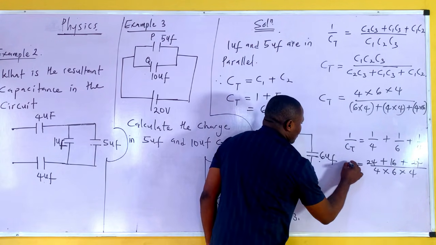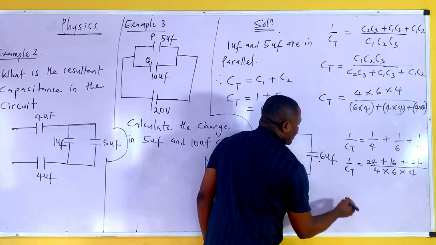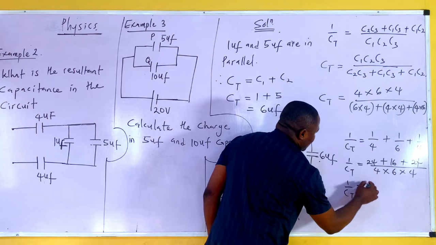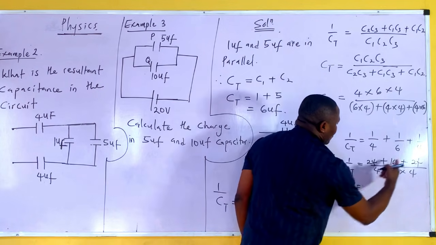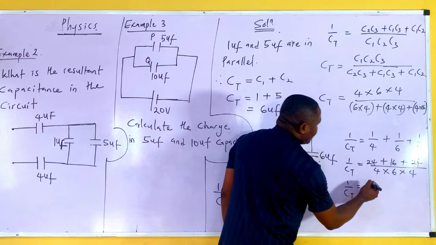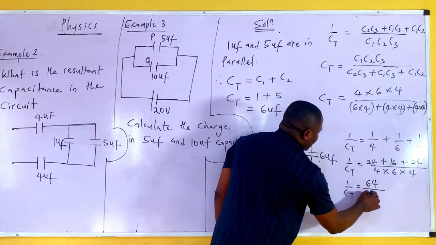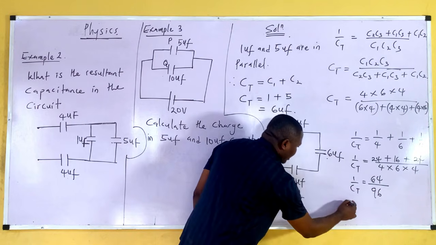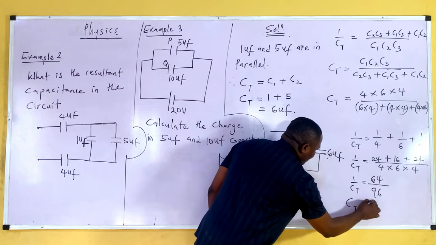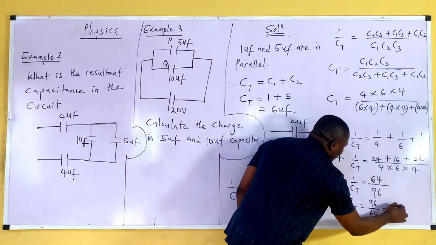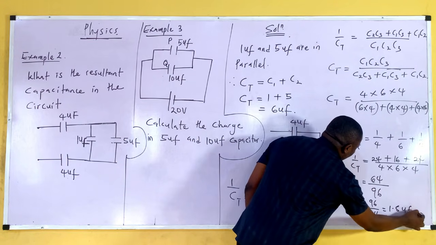Everything is equal to 1 over C total. So what is now my 1 over C total equal to? 24 plus 16 plus 24. So this will now be equal to 64 over 96. So now we have C total equals 96 over 64, which equals 1.5 microfarad.